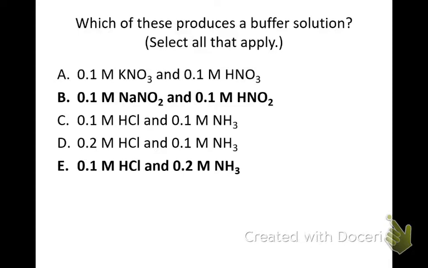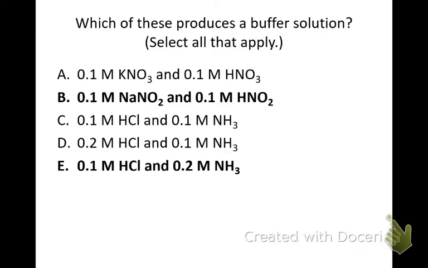If we look at mixing 0.1 molar NaNO2 and 0.1 molar HNO2, nitrous acid is a weak acid. So we have HNO2. We also have its conjugate base provided by the 0.1 molar NaNO2. Remember that in a salt, the sodium ion there has no effect on the pH of the solution. It's neutral.